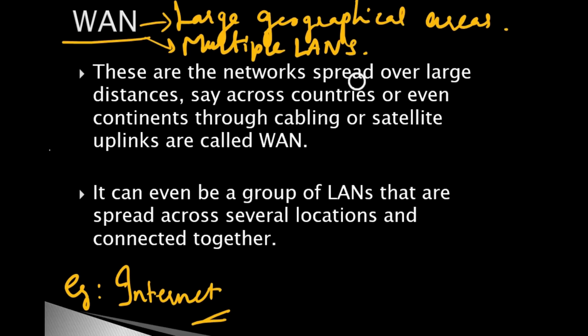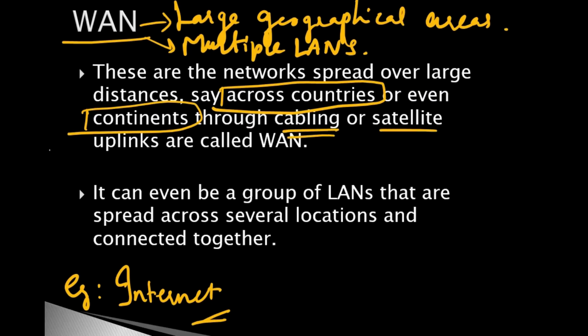These are networks spread over large distances, say across countries or even continents, through cabling or satellite uplinks, called WAN. This connection is across countries or even continents, and we can connect them through cable or through satellite.